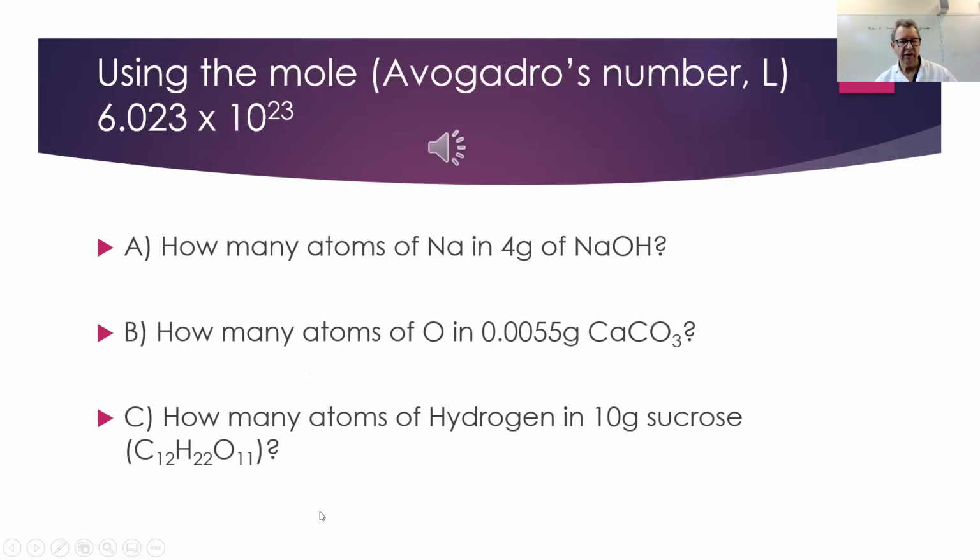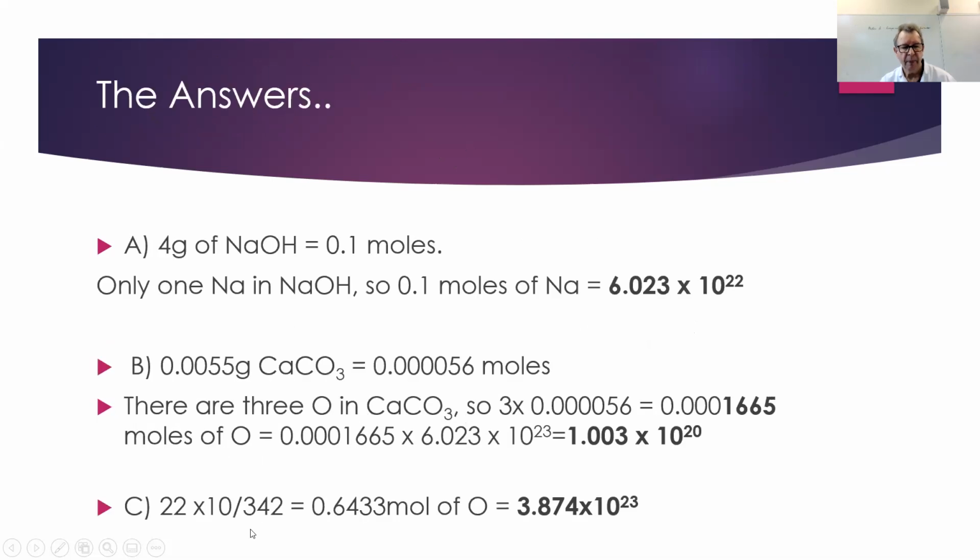And the final question, how many atoms of hydrogen in 10 grams of sucrose? There's the hydrogen, there are 22 in every one. So when I've worked out the moles of sucrose, table sugar, cane sugar, then I know I'm going to have 22 times as many hydrogens. So here it is.